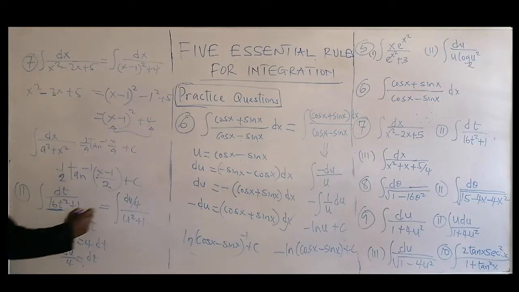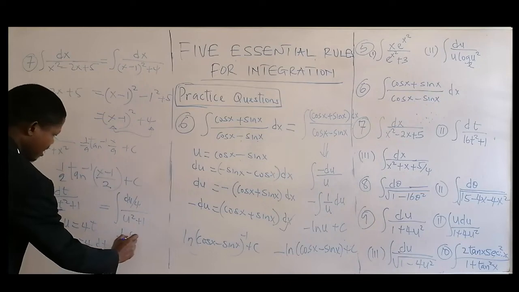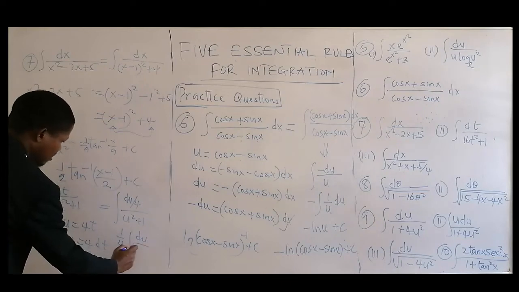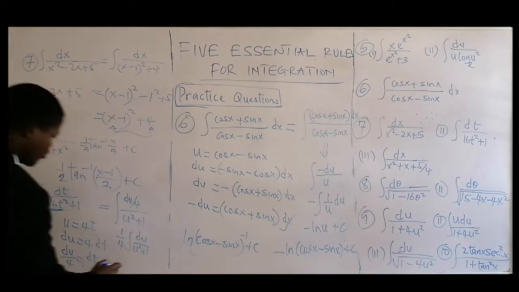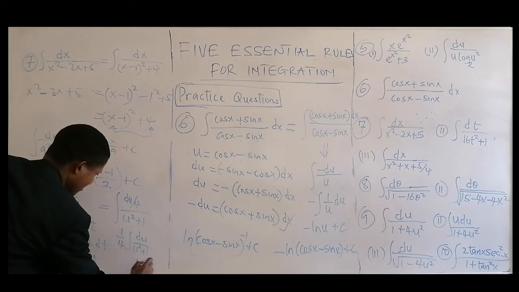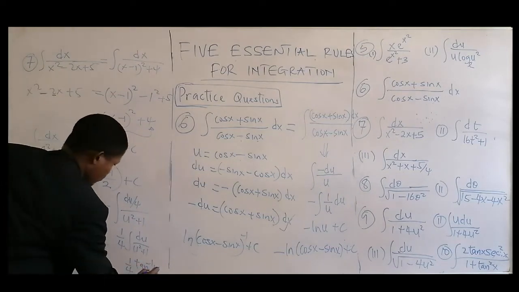And the 4 here can come outside, which is 1 over 4, integral of du over u squared plus 1. And don't forget this arctan. So this will be equal to 1 over 4 arctan u, plus c.